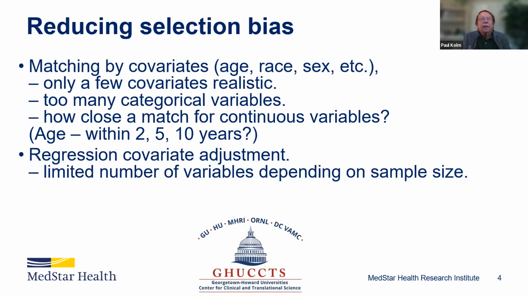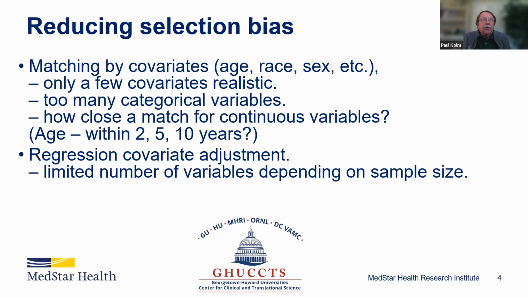Say if you have the race, sex, diabetes, just those three alone, or including age, you might not be able to do that because of the small counts in a particular category.